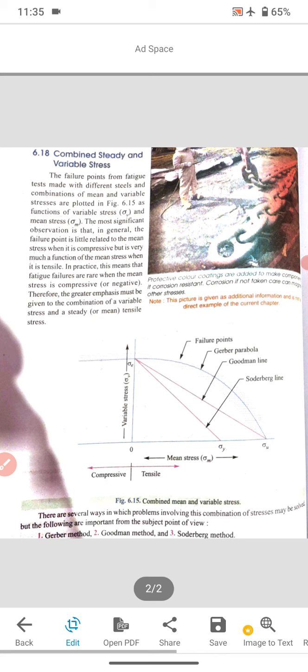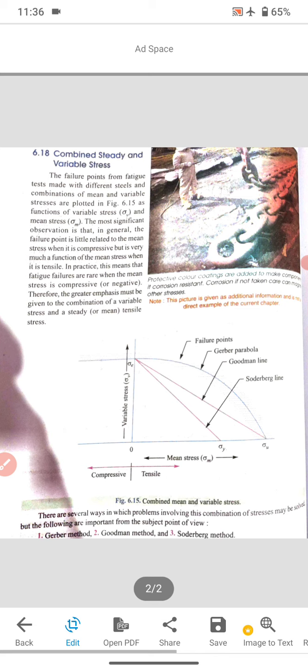We had seen individually, in steady stress or steady loading, for ductile material yield stress is the design criteria, and for brittle material ultimate stress is the design criteria.